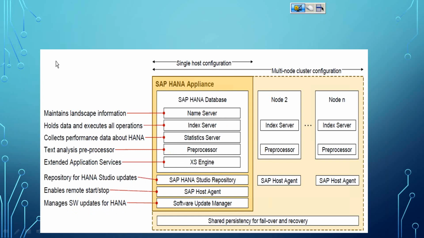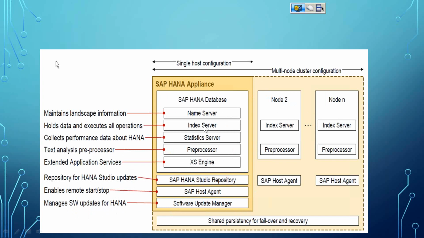Now you can have a single node server with all these servers running, or we can have your multi-node server also. Okay, so we can have multi-nodes where we can have multiple index servers as well as your pre-processing servers, right? Then after that, the access engine will be the single one which will be there.